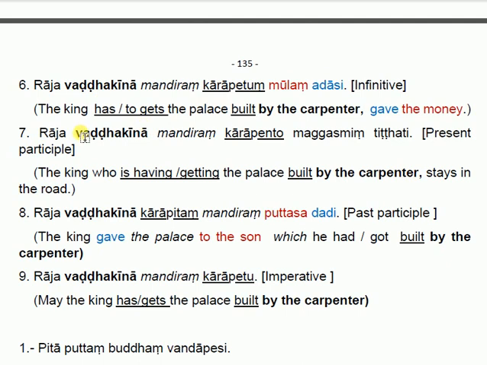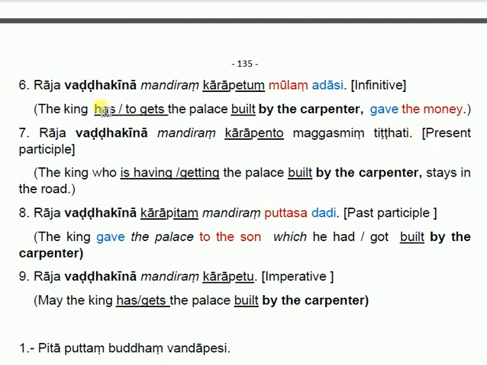The king to get the palace built by the carpenter gave the money.